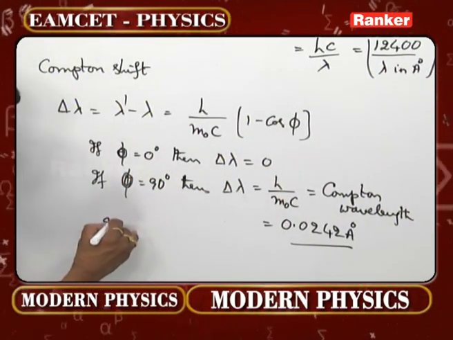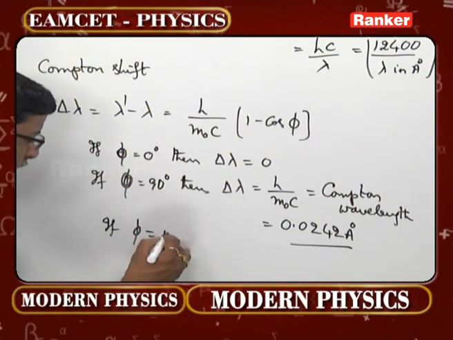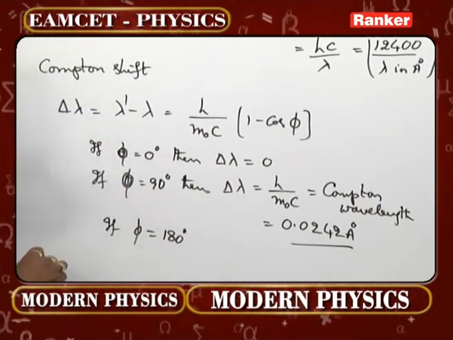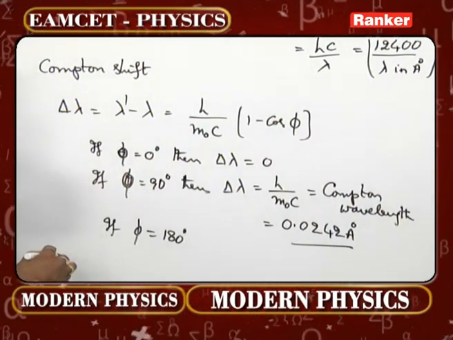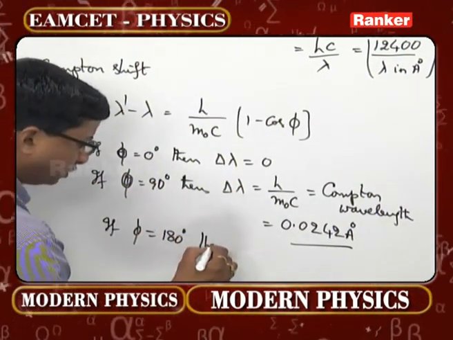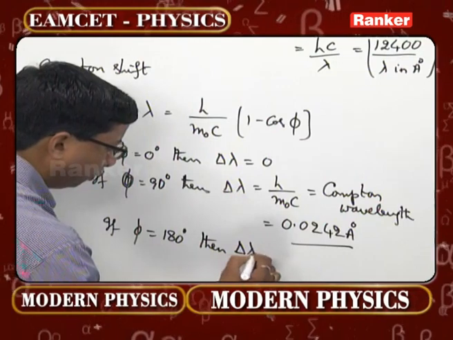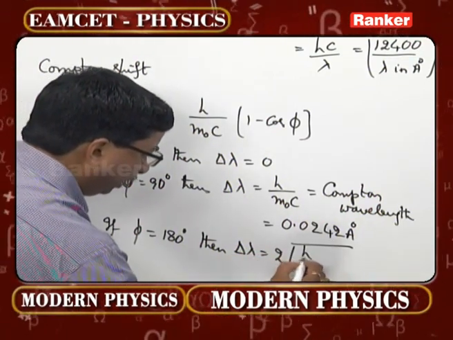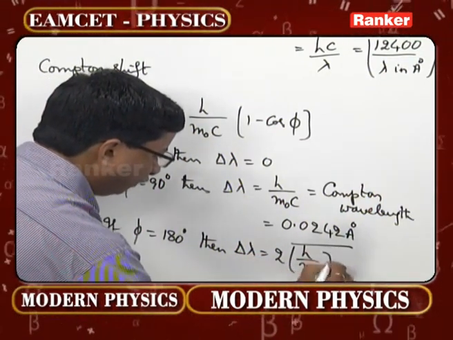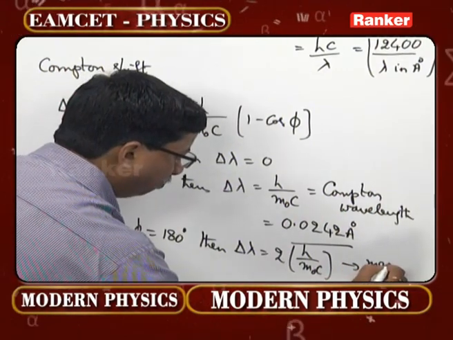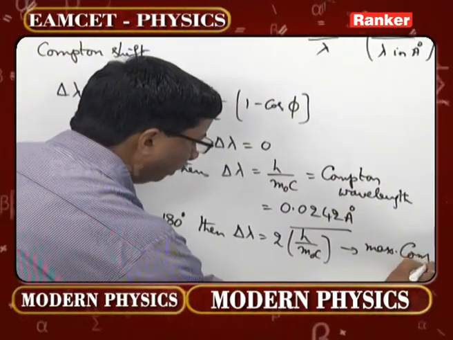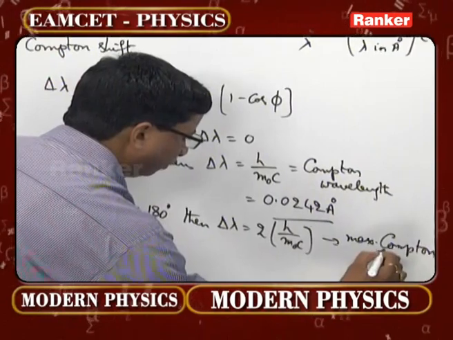Come to the next one. If phi becomes 180 degrees, then of course you can all understand well, delta lambda becomes twice h by m naught c. This is what we call the maximum Compton shift. That is actually the concept.